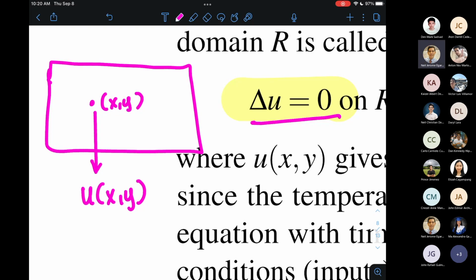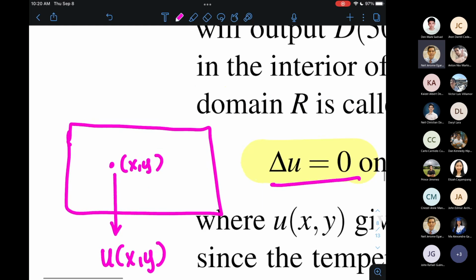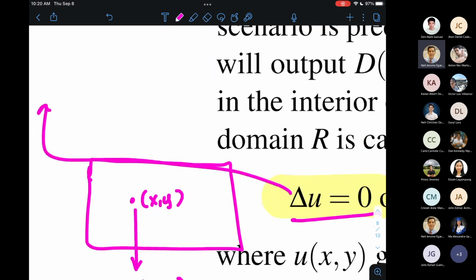Shortcut lang yung delta u equals 0, but essentially what delta u, that's called the Laplacian operator, and it's just the sum of the second order partial derivatives. So si u ngayon ay function ng dalawang variables, x at saka y, kasi nasa 2 dimensions tayo. Kung ang gusto mong pag-aralan ay heat flow sa isang kwarto, which is 3-dimensional, pwede pa rin. So si u mo ay function ng x, y, and z.